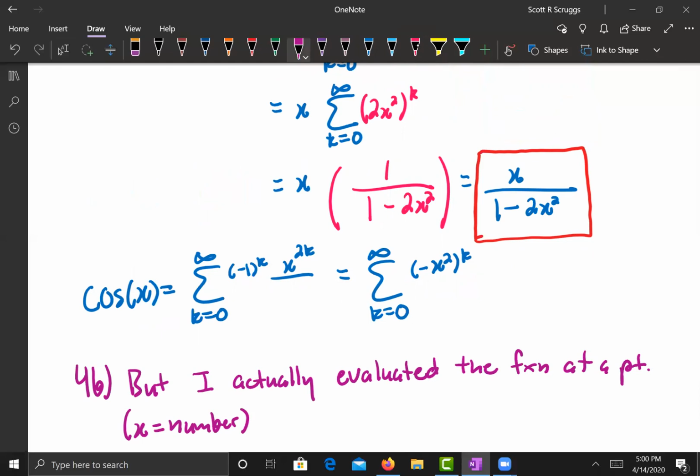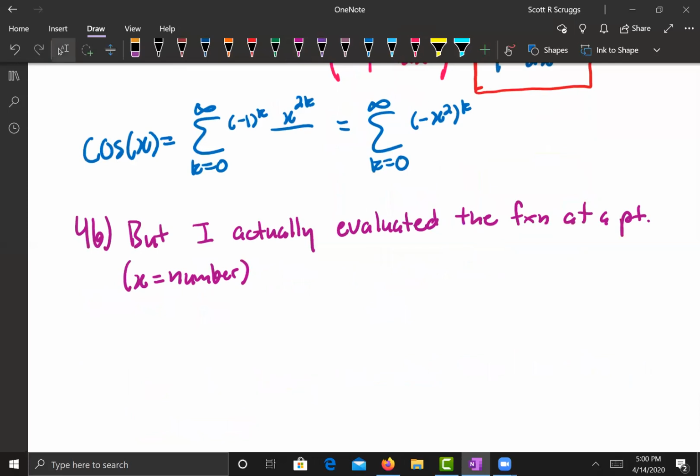Which means I'll actually get a numerical answer. Cool. So I would say still do the work that we've done and figure out what's taking the place of x in my Maclaurin series. What number?